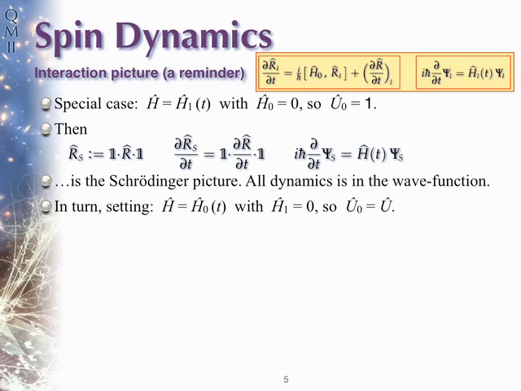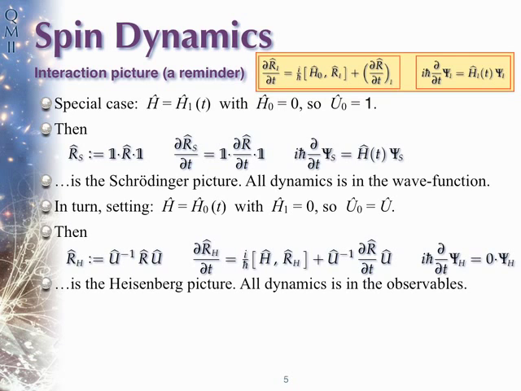On the other hand, if you switch the definitions and make H1 0, in that case, all of the Hamiltonian is in H0, and so that U0 unitary operator is in fact the conventional evolution operator, U. In that case, the operator is transformed by the complete evolution operator as a similarity transformation.